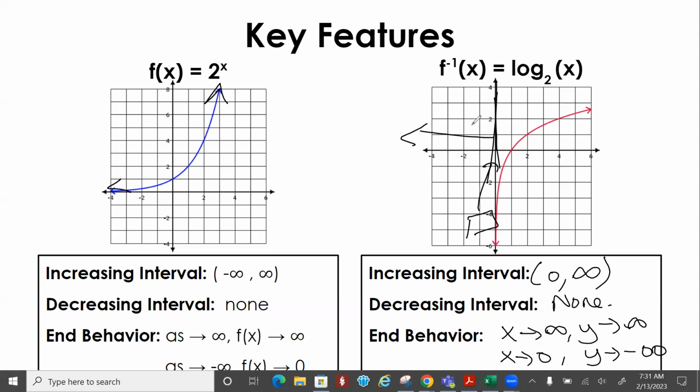Okay, so as we move to the left, as x approaches 0, we're going to negative infinity. Okay, so notice how the end behavior kind of flip-flops, right? It kind of switched. The increasing intervals kind of changed just a little bit. Very similar to our domain, right?